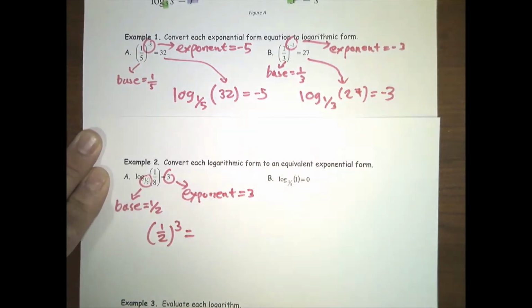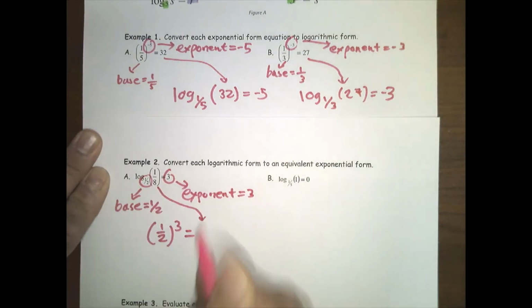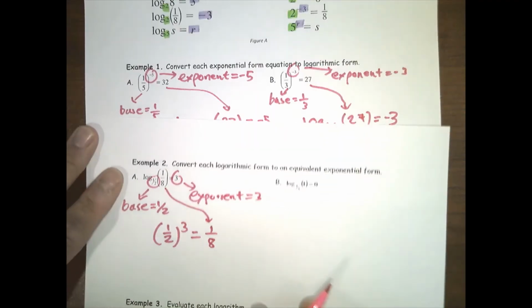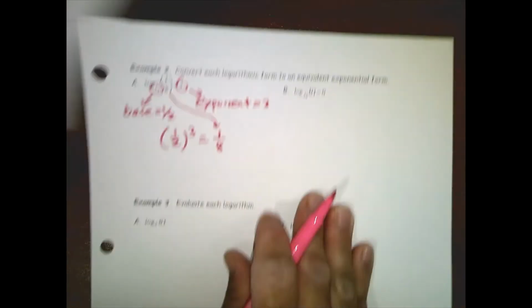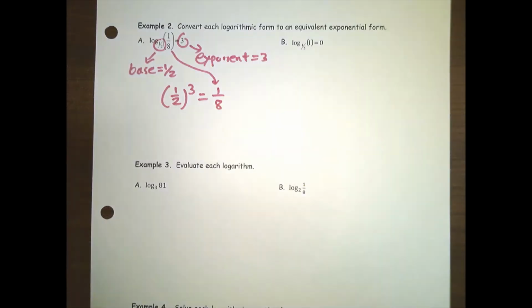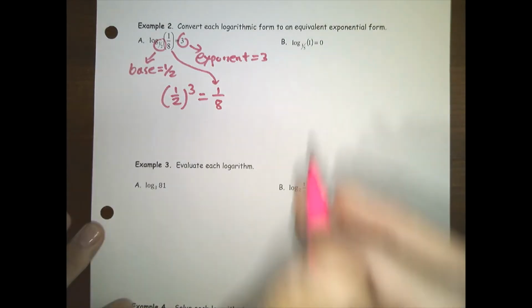Even if you didn't know anything about logarithms, you should still be able to figure out that 1/2 to the 3rd power is 1/8. If the statement that you're writing down doesn't make sense, then you know that you've written it down incorrectly. So this should be a true statement: 1/2 to the 3rd power is equal to 1/8.